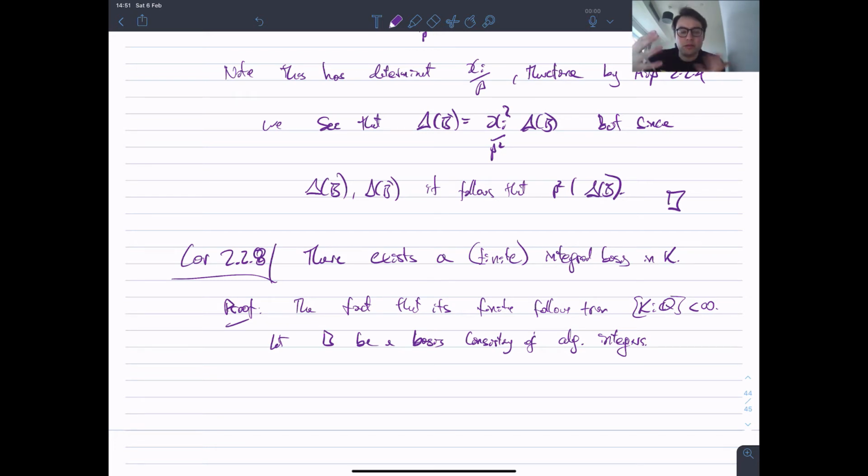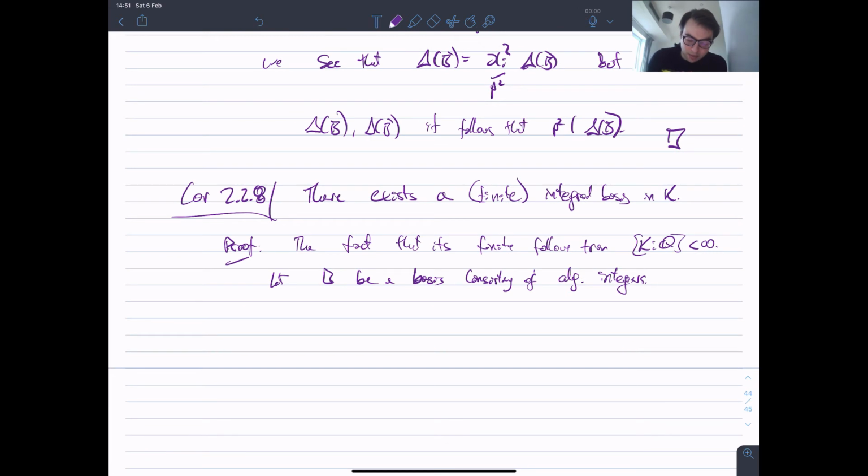And this won't affect the fact that it's a basis over Q. So you can take any basis you want. It might have algebraic numbers, so it might not be algebraic integers. But then you can always just multiply through all of your basis elements by some integer, make them all algebraic integers, and this is still going to be a basis for your field, but it might not be a basis for your ring of integers. So let B be a basis consisting of algebraic integers.